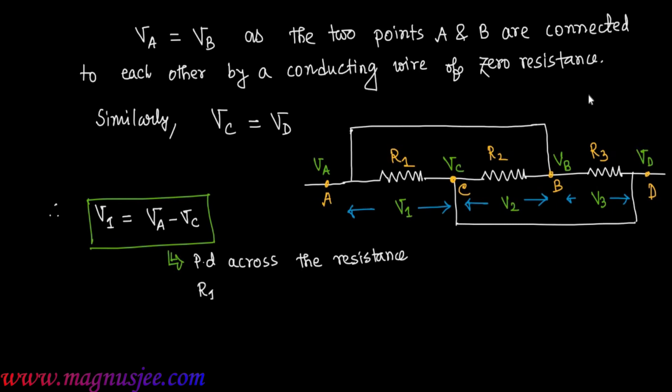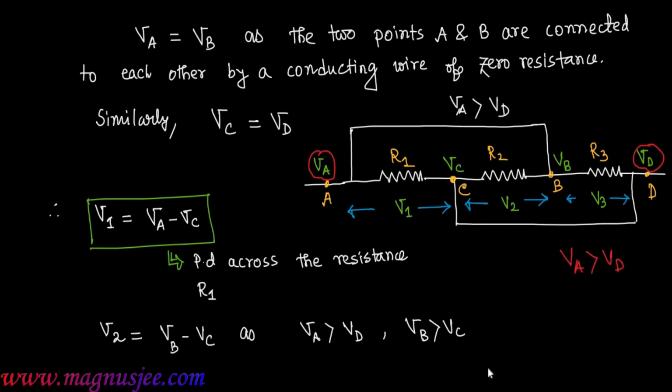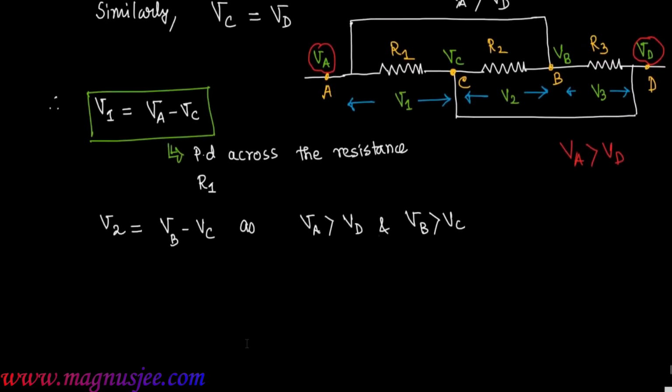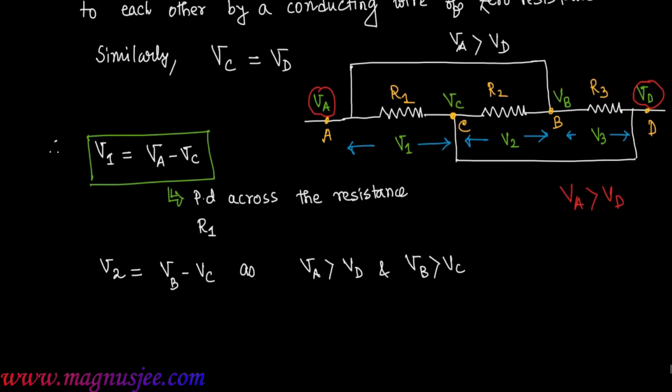Similarly, V2 is equal to VB minus VC, which is the potential difference across the resistance R2.